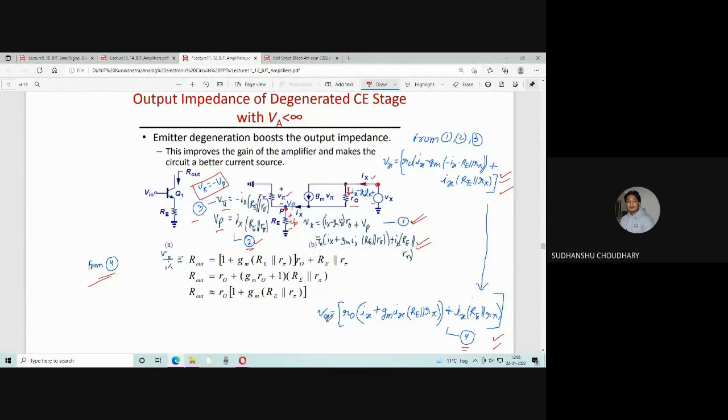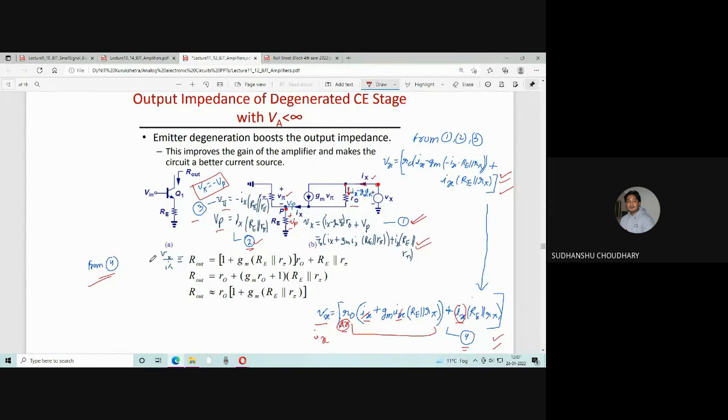One can write Vx by Ix from here as 1 plus gm times Re parallel to R pi, multiplied by R naught. Ix I'll take common here, so let us remove this Ix from here. These two Ix are also common, so I'll bring them down. So I'll write Vx by Ix.